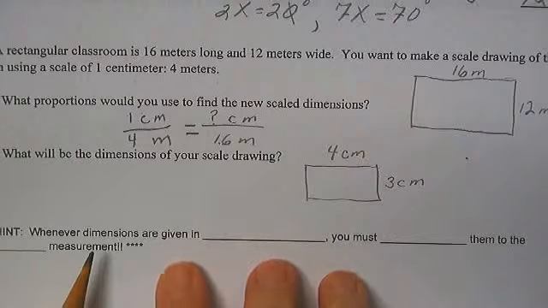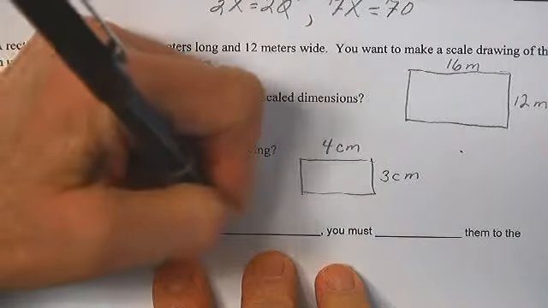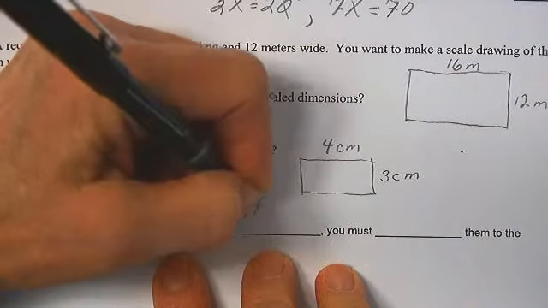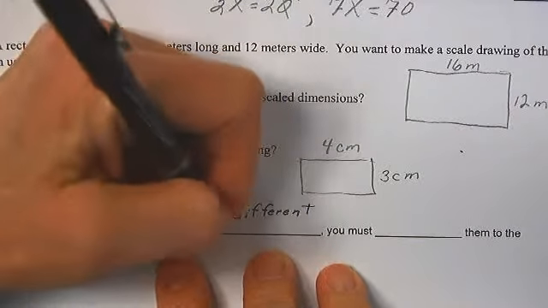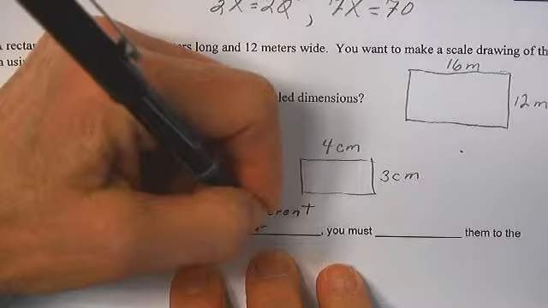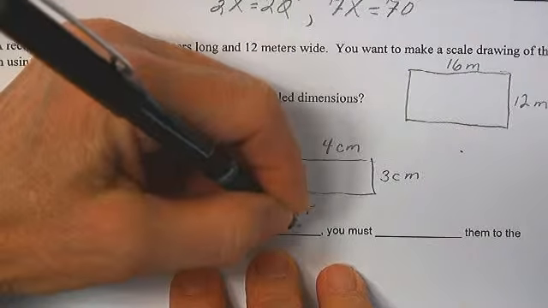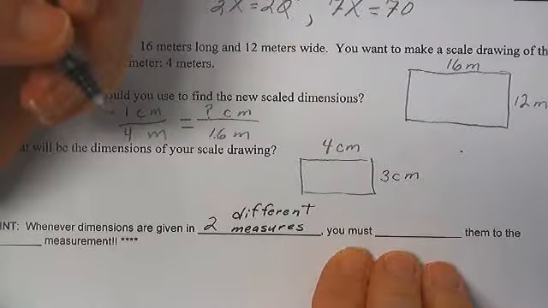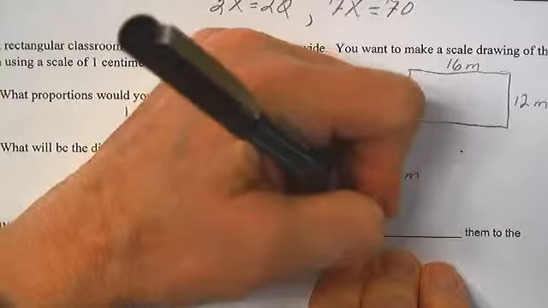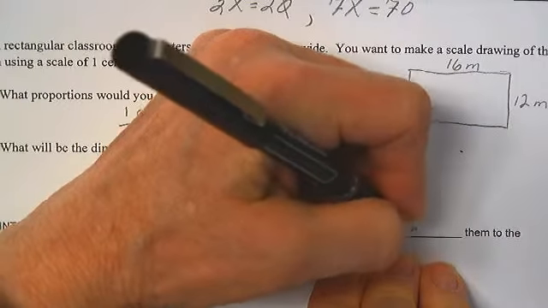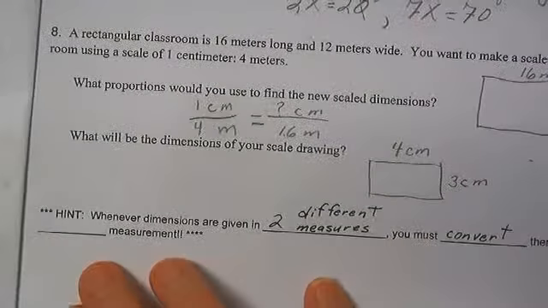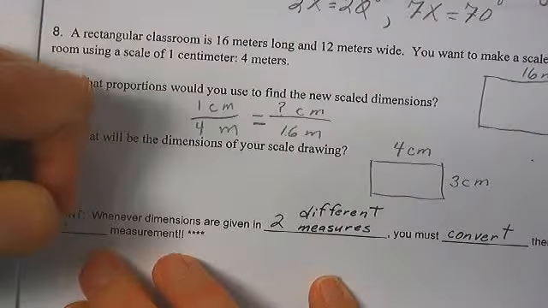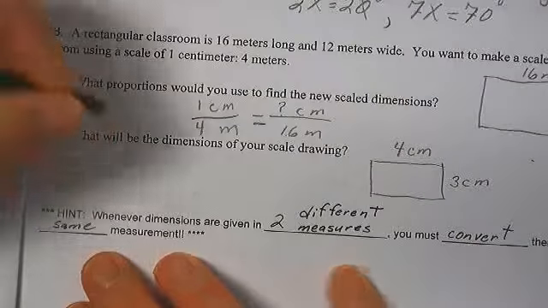Whenever dimensions are given in two different measures, you must convert them to the same measurement.